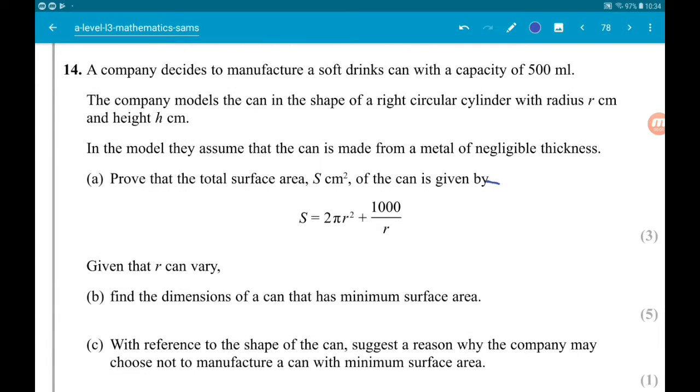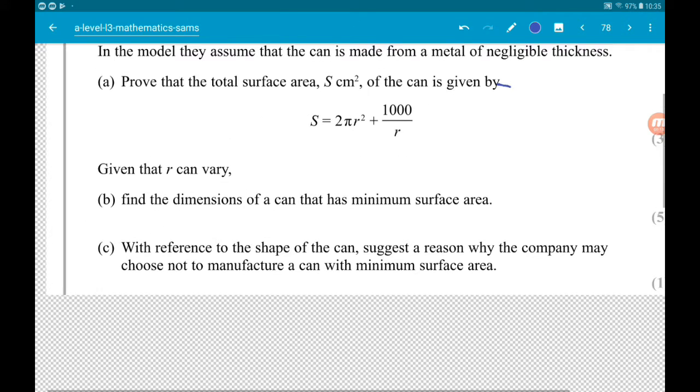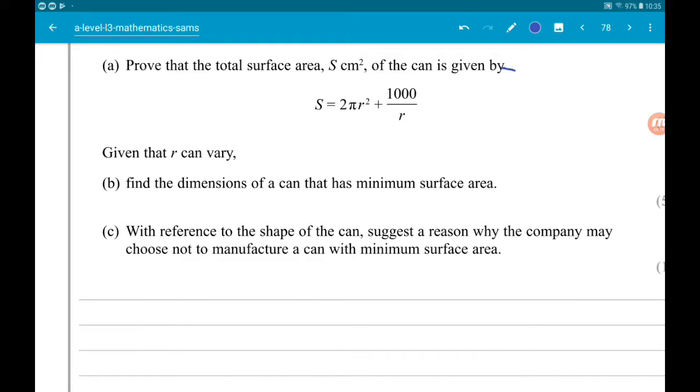Number 14. So a company decides to manufacture a soft drinks can with a capacity of 500 ml. Straight away, I'm going to write down the volume is 500 ml. Now I'm also going to turn that into centimetres. 1 milliliter is 1 cubic centimetre, so that's 500 centimetres cubed.